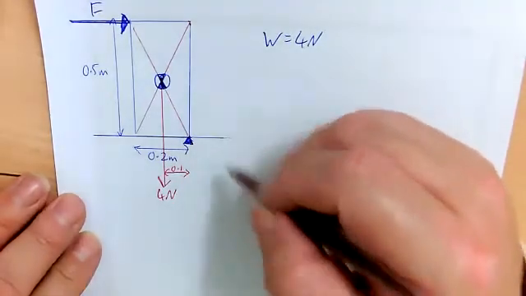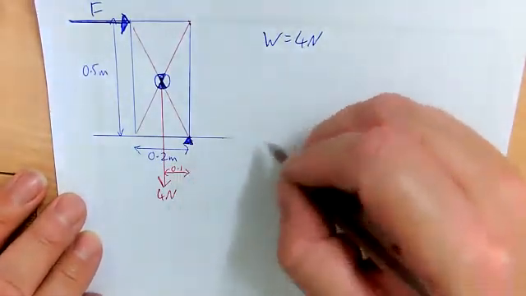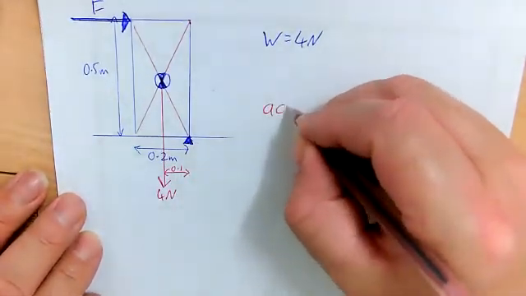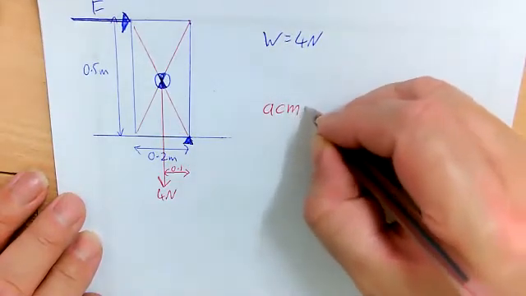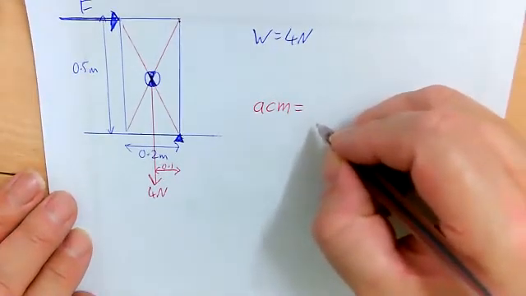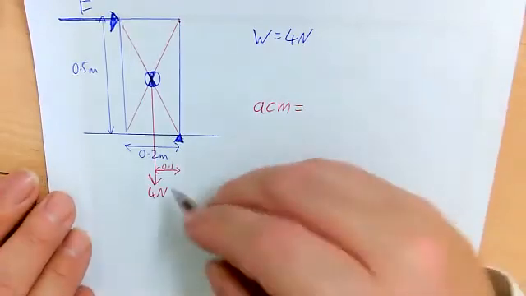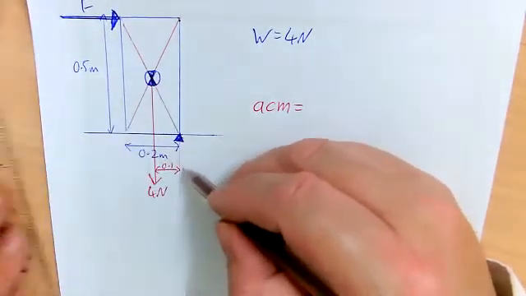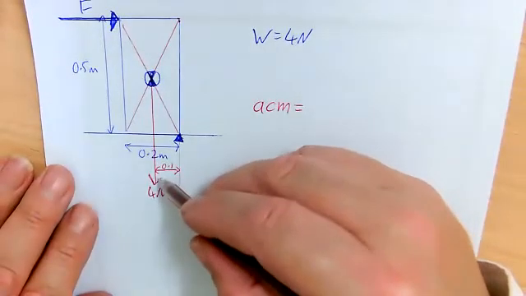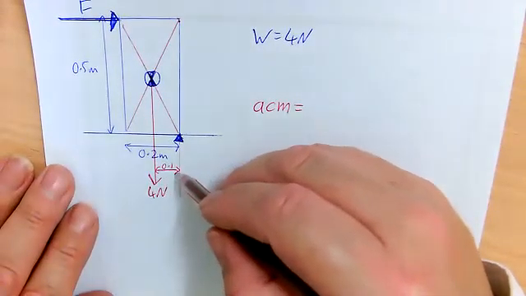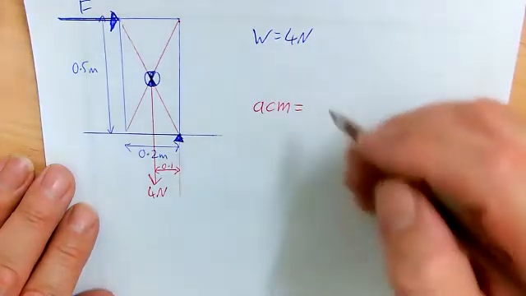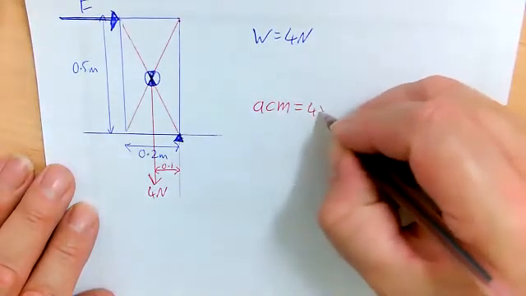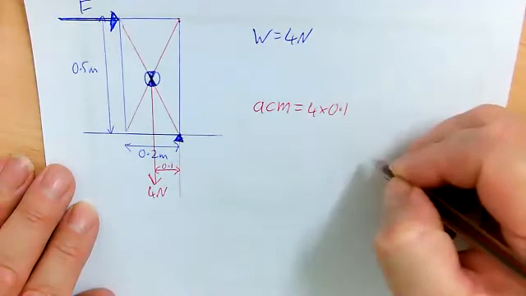So it has an anti-clockwise moment. The anti-clockwise moment is equal to the force times the perpendicular distance, the perpendicular distance between the line of action of the force and the pivot. So that's going to be force, which is 4, multiplied by 0.1.